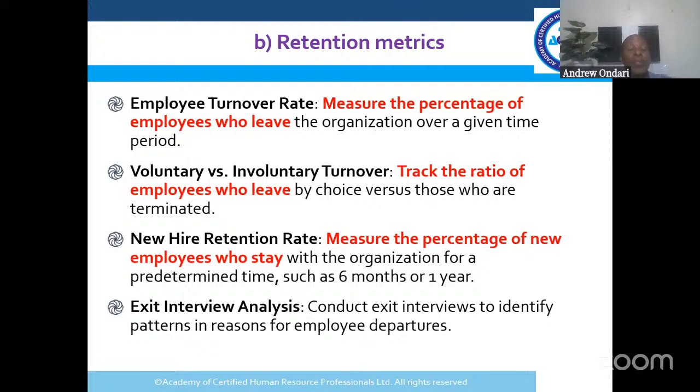and perhaps those are the ones responsible for the early exits. And then we need to collect information about people who are exiting by conducting exit interviews. This is what we usually do, even in the public sector. Whether you are leaving voluntarily or involuntarily, there is an exit interview, probably except for disciplinary cases.